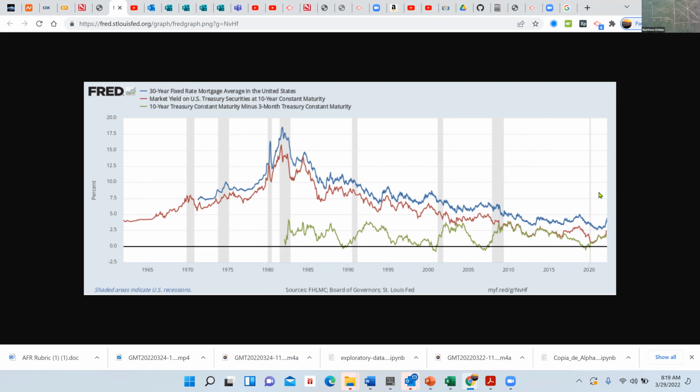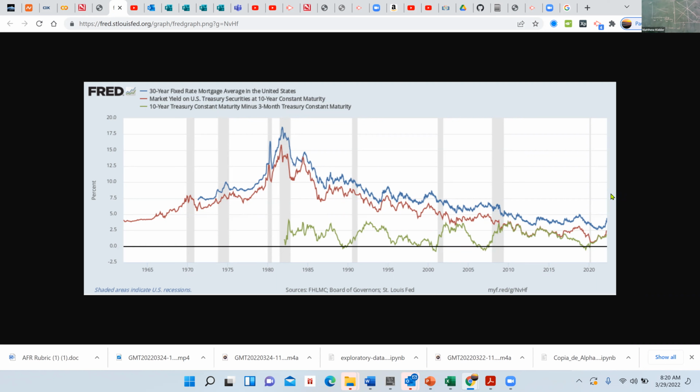What's the real interest rate? Positive or negative? Draw it up. The real rate is equal to the nominal interest rate minus inflation.